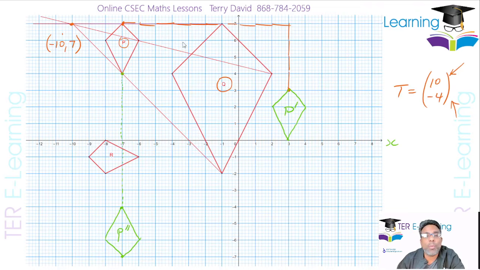Now, what I would do, I can look at this length here, and that is 1, 2, 3, 4, 5, 6, 7, 8, 9 units. But when I look at the original one here, it is 3 units. So that means the height of this quadrilateral has increased by a factor of 3. So the scale factor in this case is actually 3.